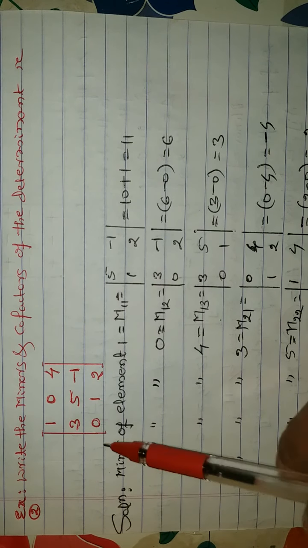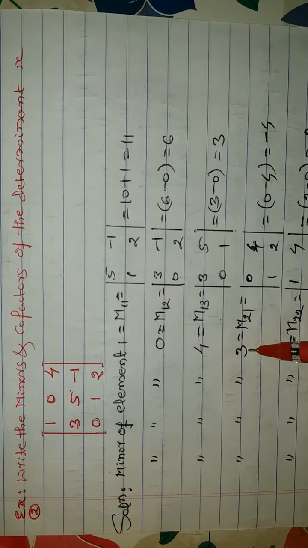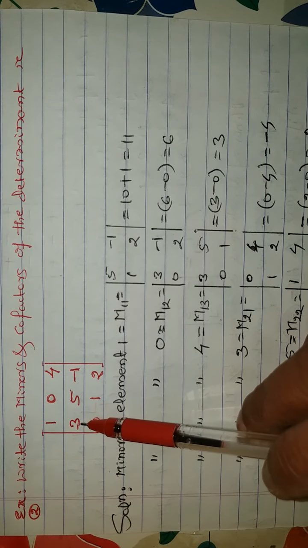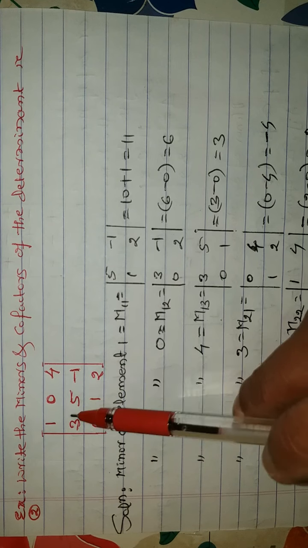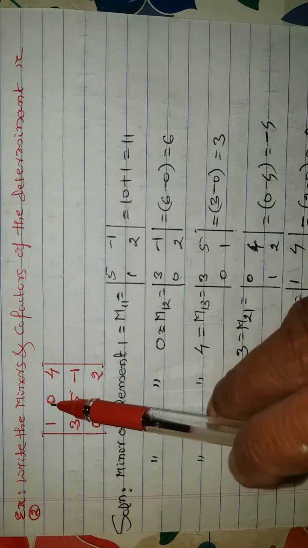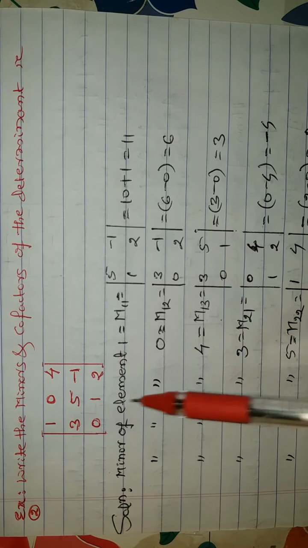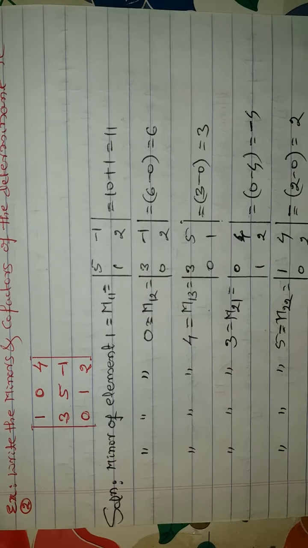Similarly, the second row begins with the minor of the element 3, which is in the A21 position, hence its minor can be denoted by M21. That means you leave second row, first column, which gives 0, 4, 1, 2 as a determinant. Multiply 2 into 0, minus 4, which gives minus 4.